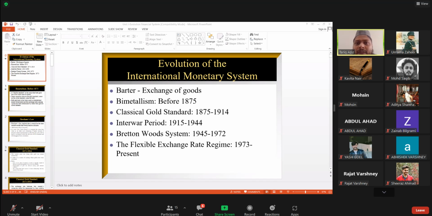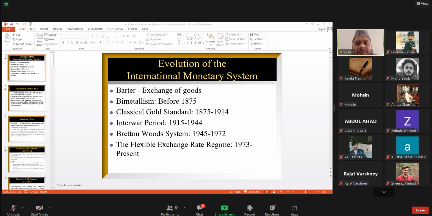For example, in financial management, one of the topics is capital budgeting, then raising of money, then utilization of money, then distribution of the money. These are the major financial decisions. So when the same decisions are studied in the international context, that topic becomes the topic of international finance.